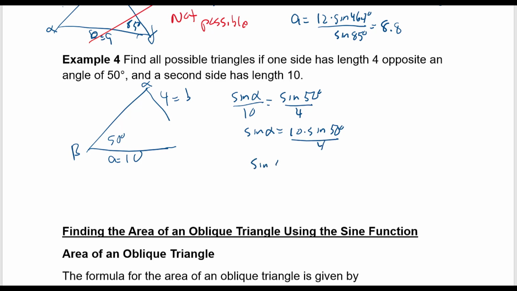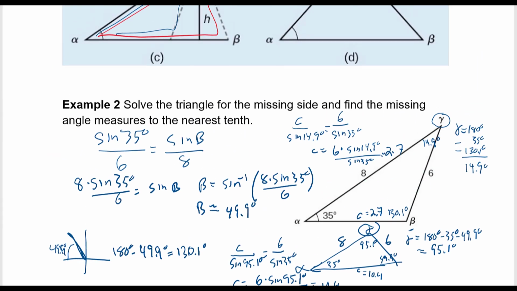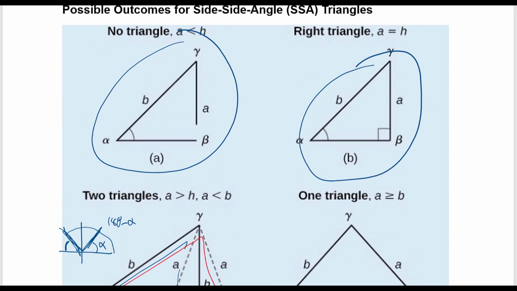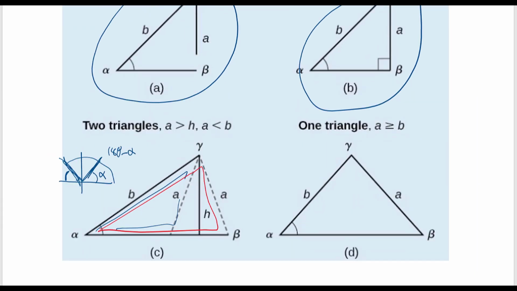So sine of alpha would be equal to approximately 1.915. Well, that's too big. Sine can't produce something bigger than 1. So this is not possible. This is that first example in that chart that we saw up here. So it's the first case.